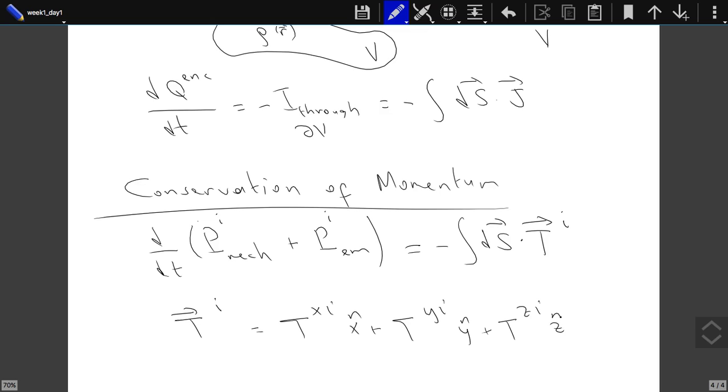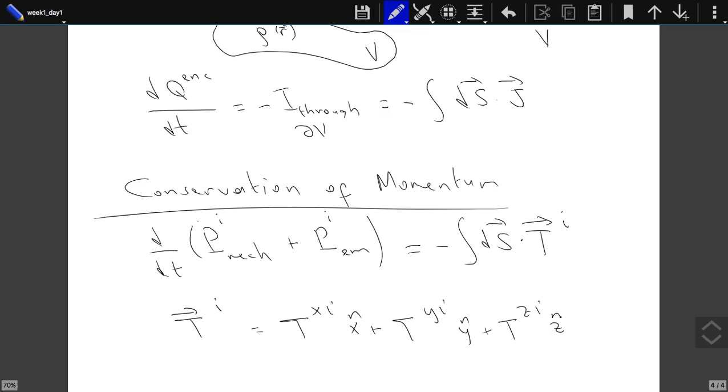What is the direction of the momentum of the particles oscillating? Up and down. They're moving up and down. Their momentum is moving up and down. But the wave, at least let's say this one, is moving in that direction. So this wave is carrying momentum in that direction, but the momentum it carries is in the vertical direction.